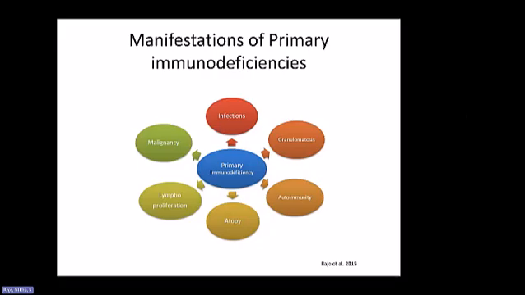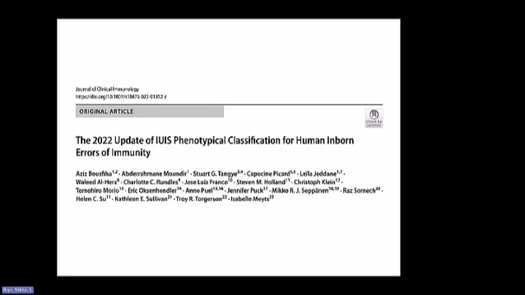And when you see a combination of these manifestations going on, we should be thinking of immune deficiency workup. An accompanying paper that comes out with each update of the IUIS classification is the phenotypical classification. And so that's also something that we'll go over as we talk about the various immunodeficiencies in this chapter.